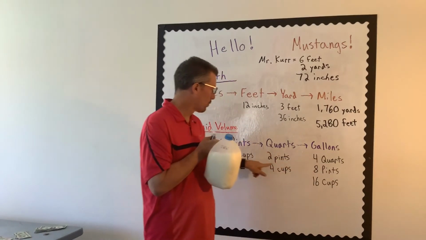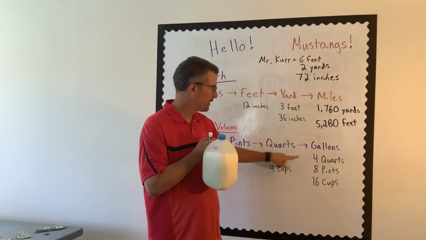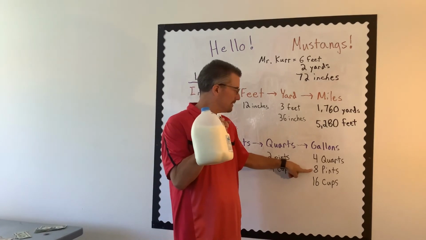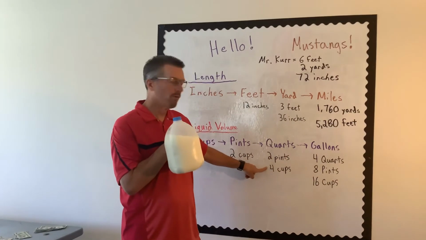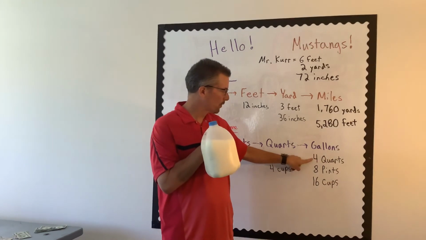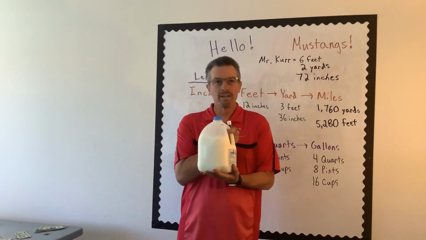Because I have 4 quarts and there's 2 pints in 1 quart, 2 times 4 tells me that there's 8 pints in this container. And because there's 4 cups in 1 quart, 4 cups times 4 quarts tells me there's 16 cups in this 1 gallon container.